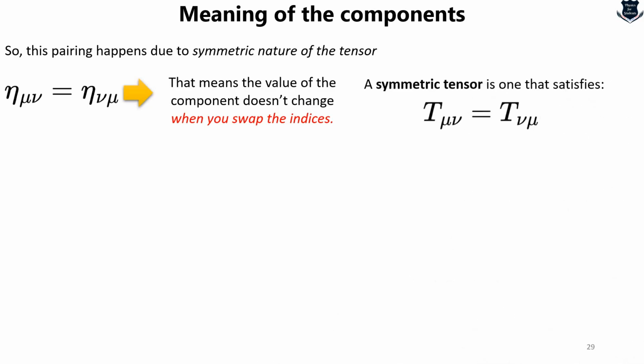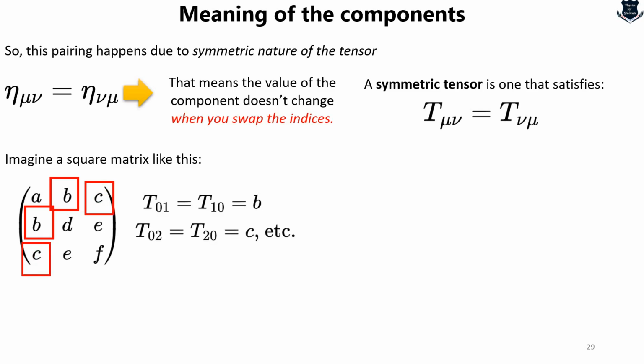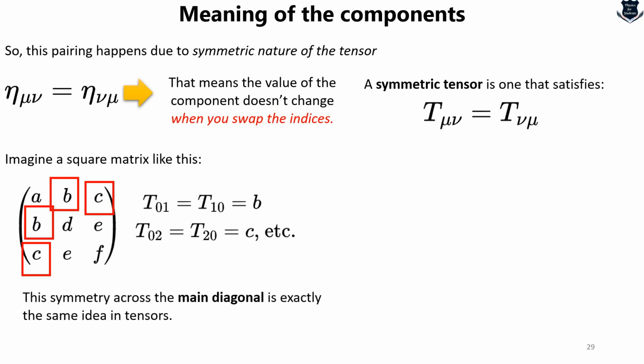So a symmetric tensor is something that satisfies T mu nu equals T nu mu. Imagine a square matrix like this, A, B, C, D, E, F. You can see this B and B is where T01 equals T10, and C and C is where T02 equals T20, and so on. So the symmetry across the main diagonal is exactly the same as for tensors.